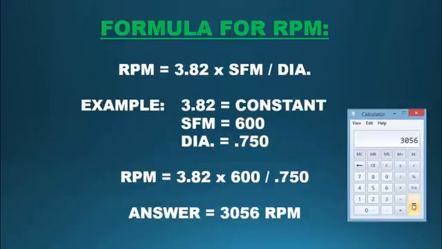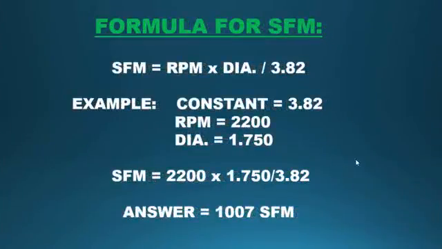Then there's one more, and that is for surface feet per minute. To calculate the surface feet per minute, we take the RPM, multiply it times the diameter that we're turning, and divide it by the 3.82 constant. For our example, we have the constant of 3.82 and an RPM of 2200, and we're turning a diameter of 1.750.